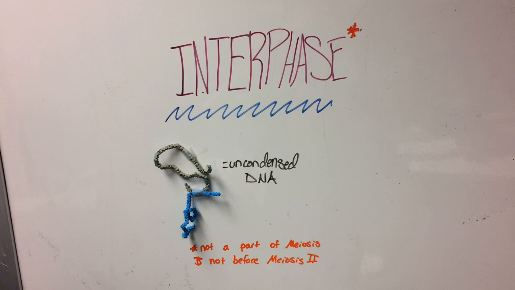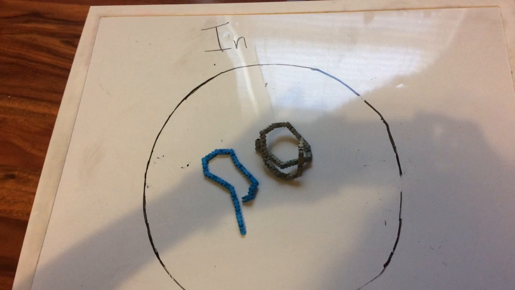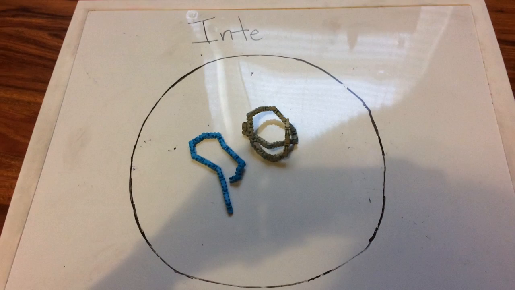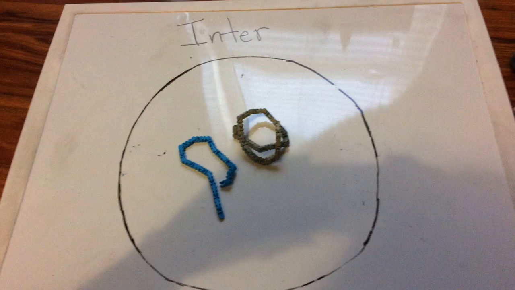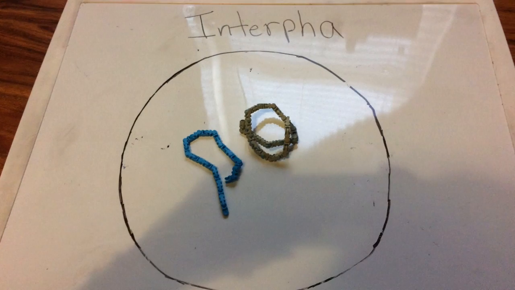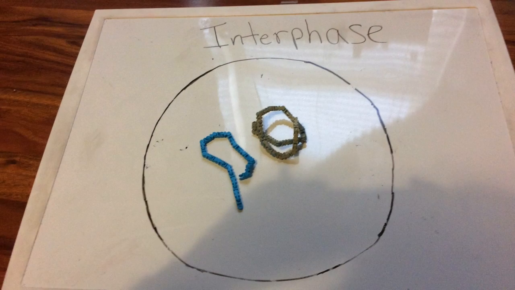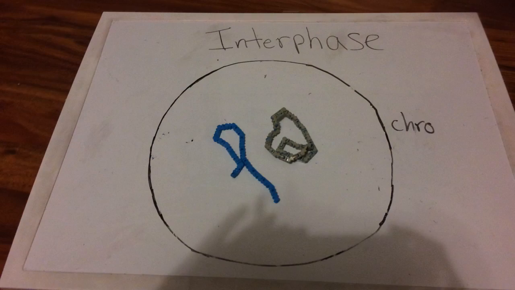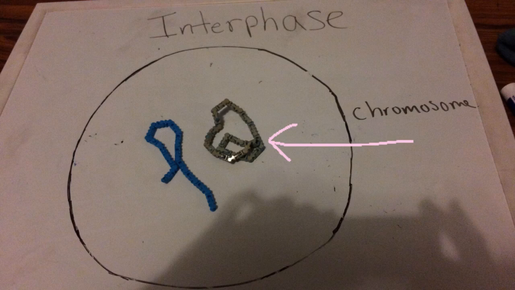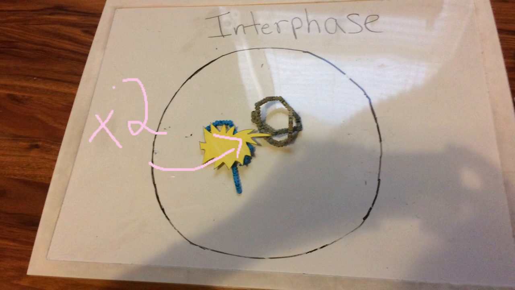Interphase before meiosis matches interphase before mitosis, consisting of G1, S, and G2, and prepares the cell for division. During S phase, the uncondensed chromosomes / DNA are replicated and begin to condense by G2.